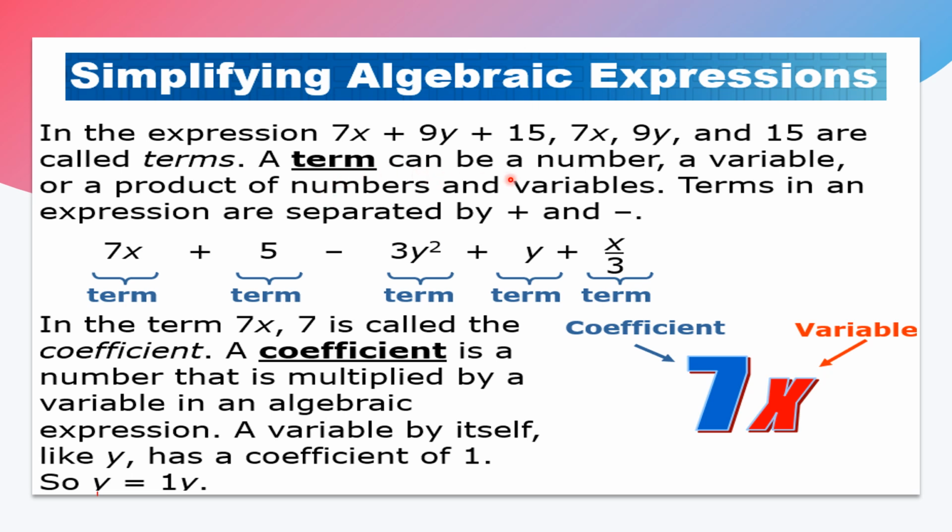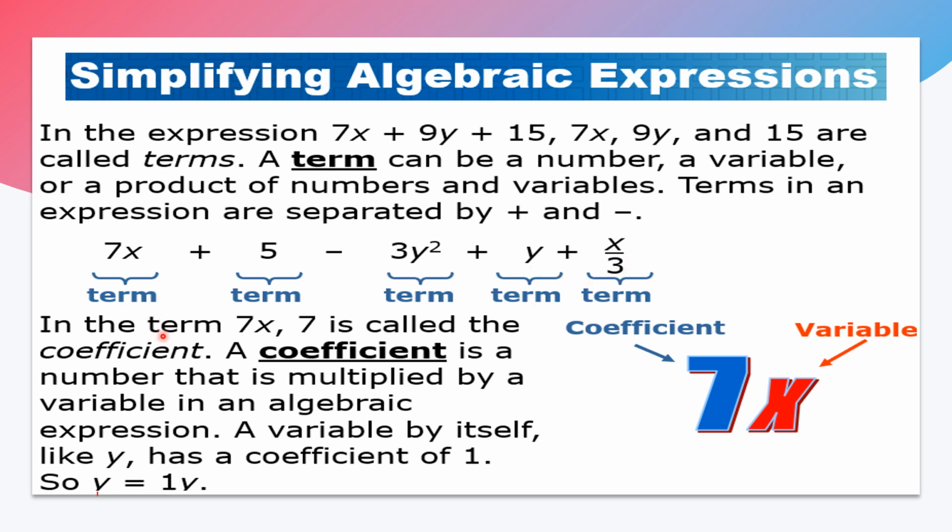A term can be a number, a variable, or a product of numbers and variables. Terms in an expression are separated by plus and minus, like this: 7x plus 5 minus 3y squared plus y plus x over 3. So these are all terms.